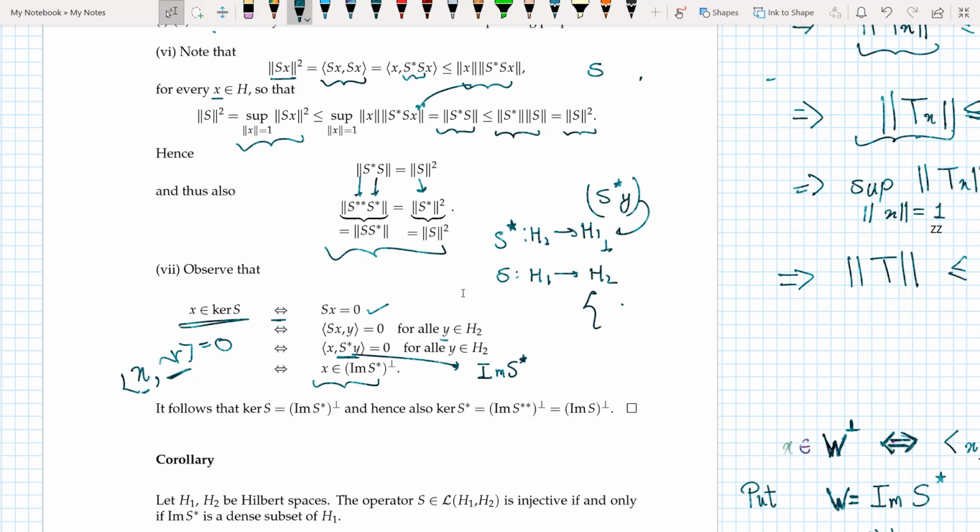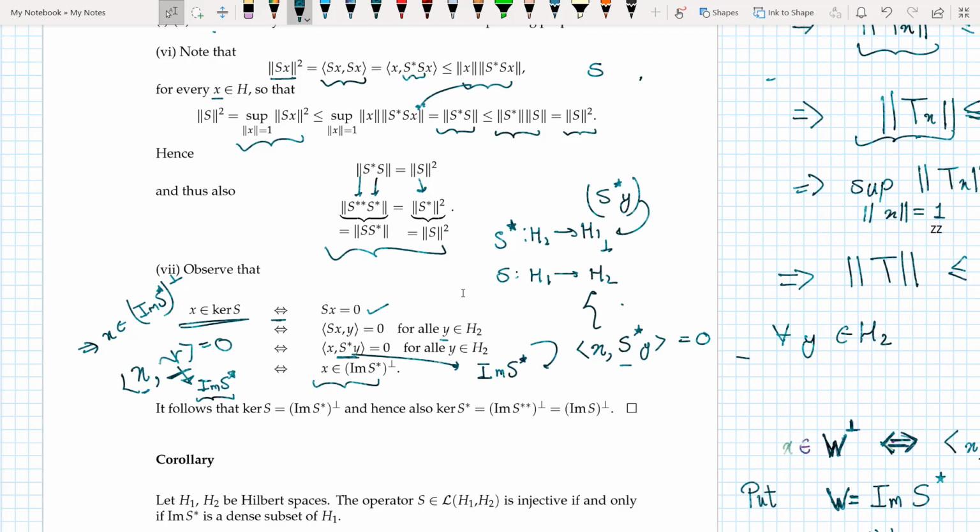So the idea is this: an element belonging to the image of S star, if I take the inner product with x, every time it turns out to be 0, which implies that x must belong to the image of S star perp. That's the basic idea. So I write the inner product of x with S star y to be 0 for every y belonging to H2.